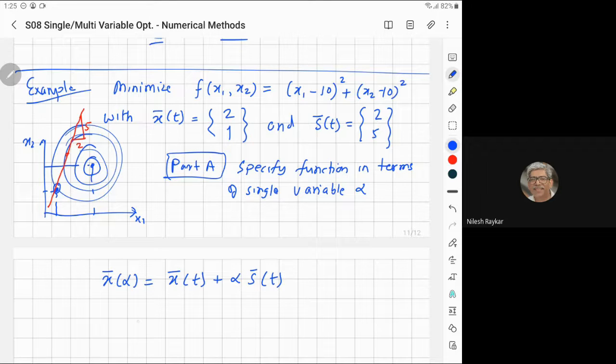So we'll get x bar of alpha, that is the design variable vector, written in terms of a single design variable alpha.